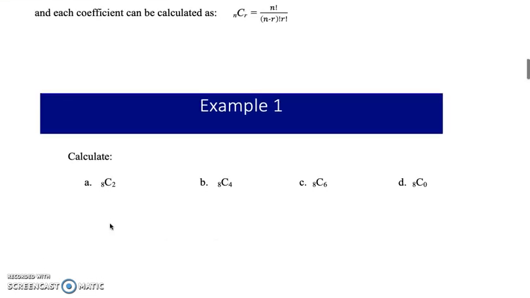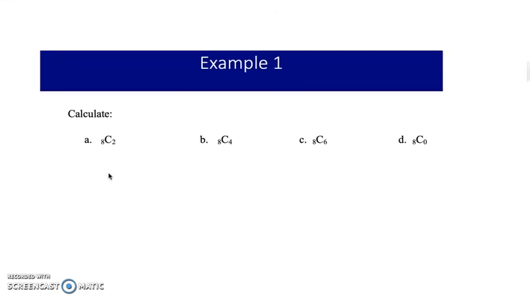Let's see what that means with an example. If I want to find the coefficient in position 2 of an expansion of a binomial to the power of 8, I can do the following. 8 factorial over 8 minus 2 factorial times 2 factorial.